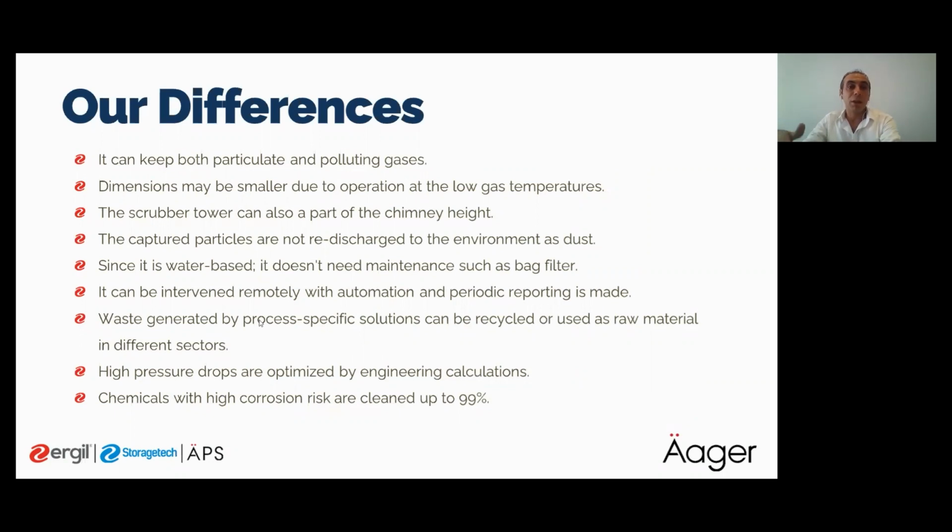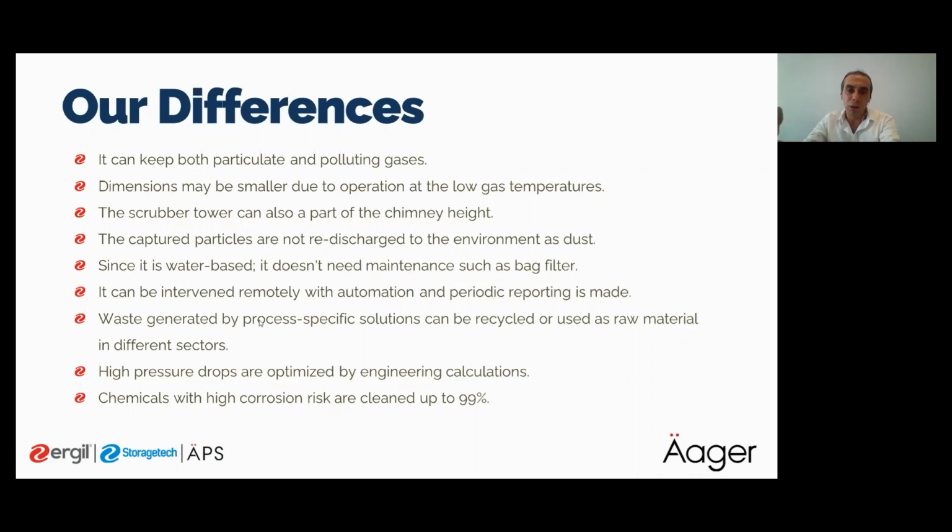Dimensions may be smaller due to operating at a lower gas temperature. If the gas temperature is reduced, the dimensions of the scrubber will also be reduced. So some of our clients use a heat exchanger before the scrubber, which reduces the dimension of the scrubber.